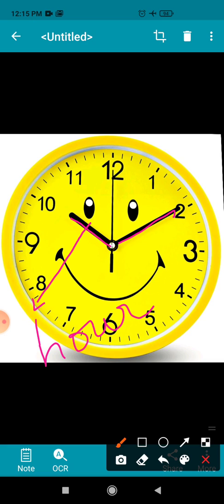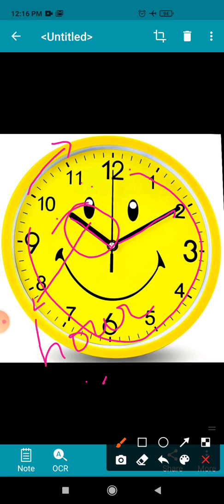Children, it takes 1 hour to go from one number to the next number. It means from 10 to 11 it will take 1 hour. Then 11 to 12 the next 1 hour. So this short needle takes a complete 12 hours to make one complete round of the clock.